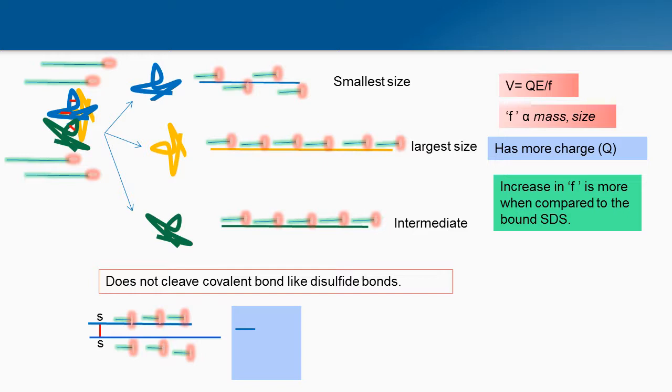So in order to get all the polypeptides which are there in our protein, we have to use beta mercaptoethanol, and beta mercaptoethanol is a reducing agent, and it reduces the disulfide bonds, it cleaves the disulfide bond, it separates the two polypeptides, and when we run it on the gel, we are going to get two bands corresponding to these two polypeptides.